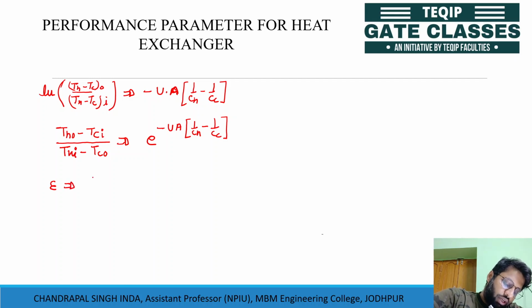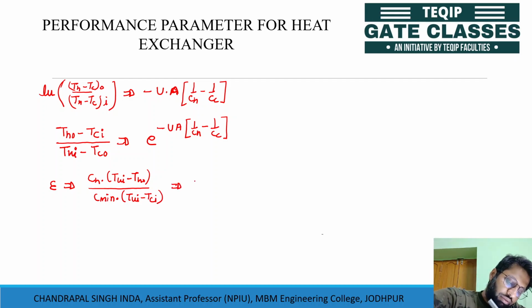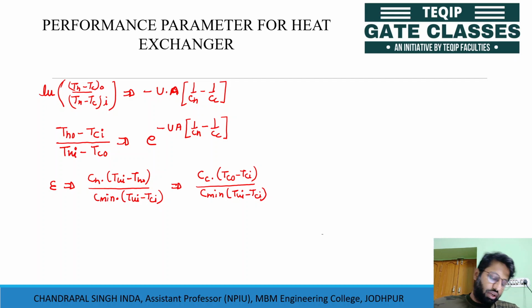Effectiveness of the heat exchanger is equal to the actual heat transfer to the hot fluid, T hot inlet minus T hot outlet, divided by Qmax, which is C minimum multiplied by T hot inlet minus T cold inlet, and this will be equal to Cc, the heat storage capacity of the cold fluid, multiplied by the temperature difference of the cold fluid, T cold outlet minus T cold inlet, divided by C minimum and the temperature difference between the hot and the cold fluid at the inlet.